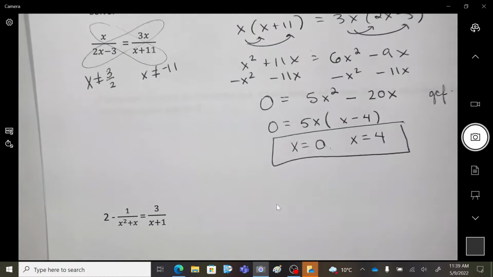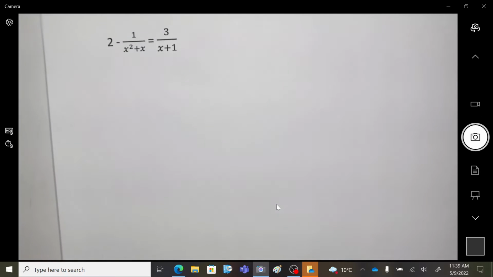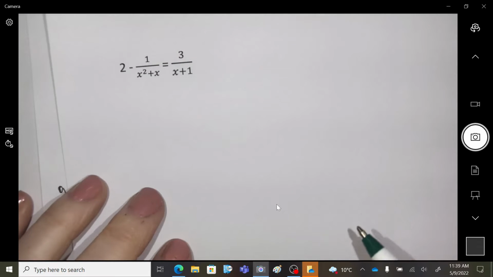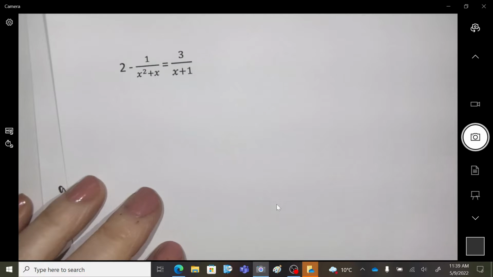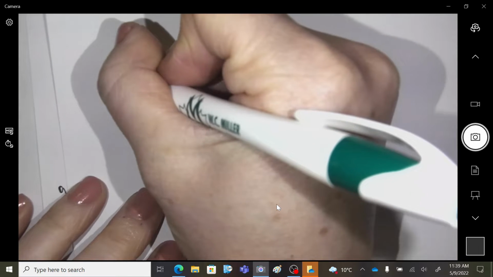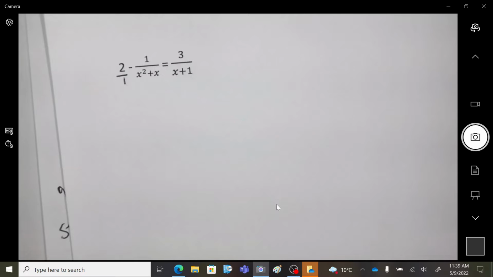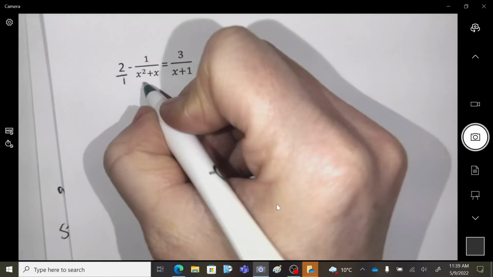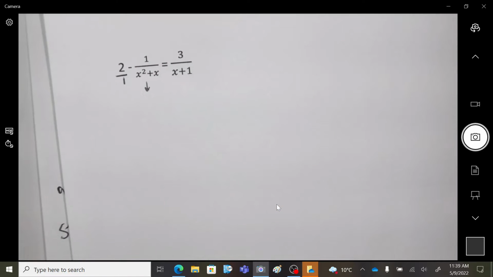Okay, the bottom question. On this one, the cross multiply strategy is not going to work. I'm going to write the 2 as 2/1, and I'm going to start looking at the bottoms. The second fraction, we can do what with that, factoring?